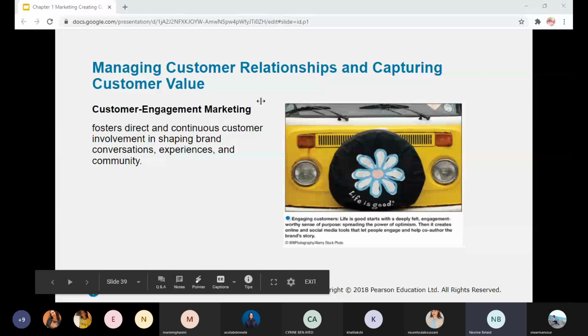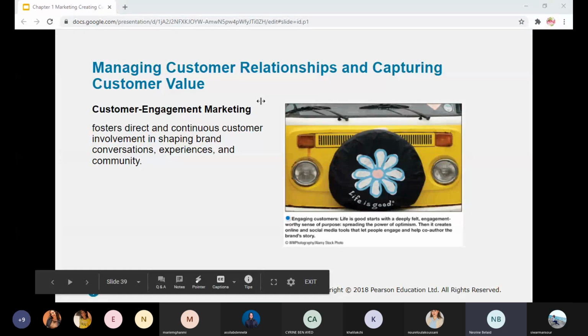Okay, we engage customers to interact with us, and we engage customers to be involved in the development of new products, let's say. So this is thanks to the internet and social media that give a huge boost to customer engagement marketing.